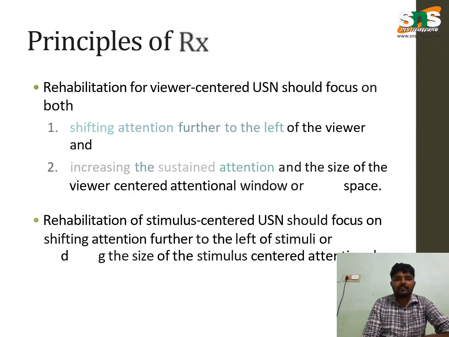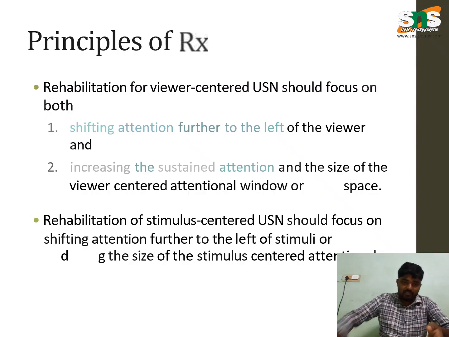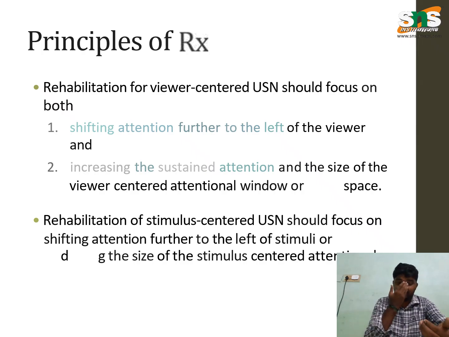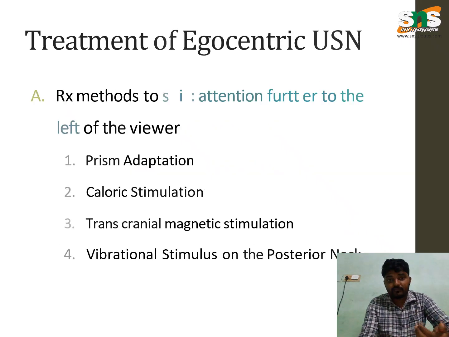Principles of treatment focus on shifting attention to the left view and increasing sustained attention and the size of the central attentional space. Treatment of egocentric neglect includes prism adaptation, caloric stimulation, transcranial magnetic stimulation, and vibrational stimulus of the posterior neck.